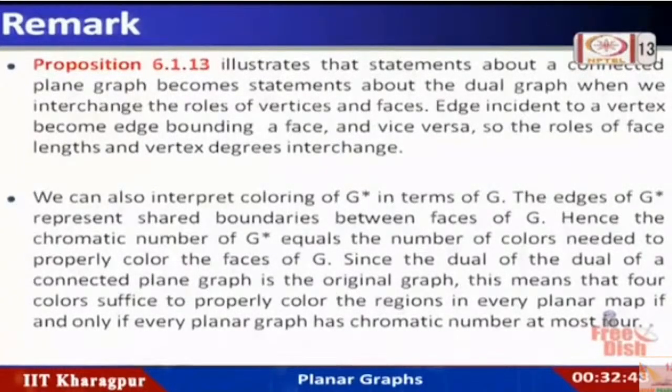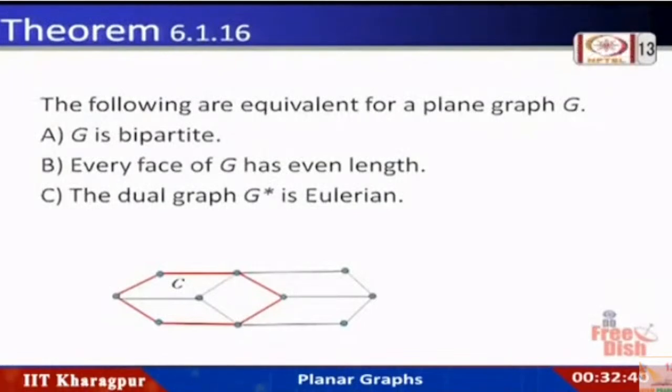Since the dual of the dual of a connected graph is the original graph, this means that 4 colors will suffice to properly color the regions in every planar map if and only if every planar graph has chromatic number at most 4. So let us see the characterization of planar graphs. The following are equivalent for a plane graph G. A: G is bipartite. B: every face of G has even length.